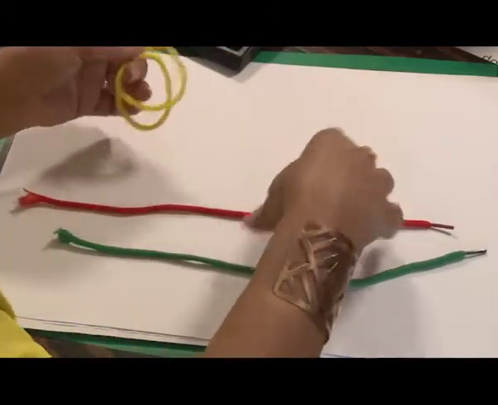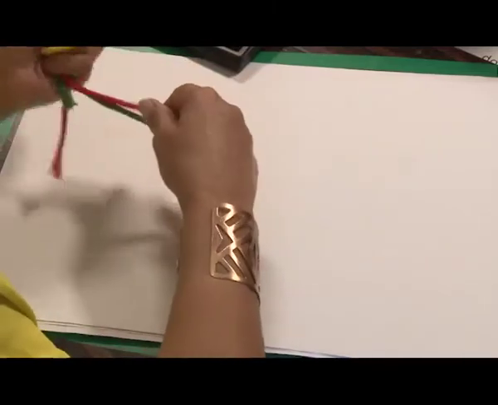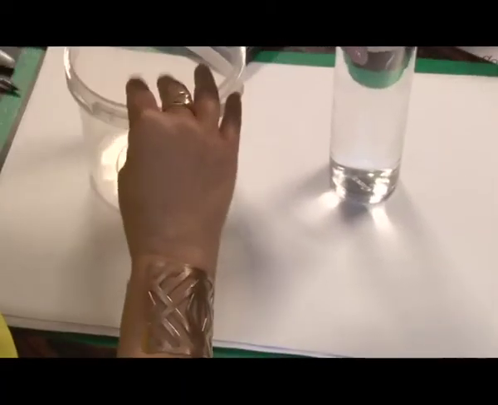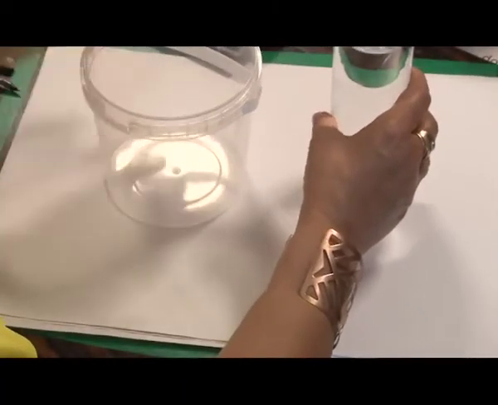This is conservation. Another example of conservation is the amount of water in a jug or in any container does not change if you pour it into a much taller or wider container. My example that I have here, I have a glass of water and I have a much bigger container.